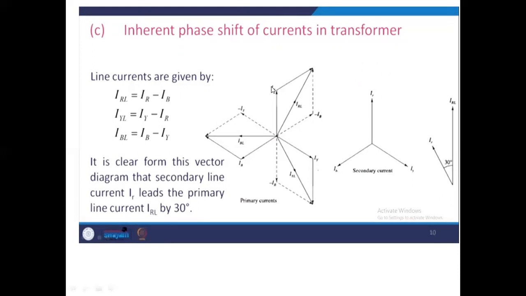This is capital IR, small IR, capital IB, small IB, and capital IY, small IY.